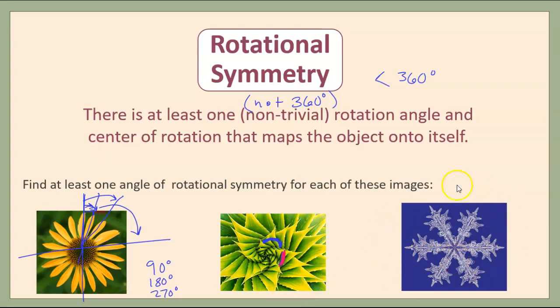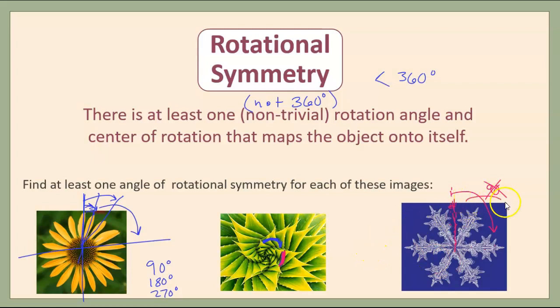Similarly, with this snowflake, what do you think? What would be a good angle to rotate it here? You might try 90 degrees. 90 degrees is one of our common ones. But if we rotate it 90 degrees, notice this absence of arm here would rotate onto this arm. So this space would now be an arm. 90 degrees doesn't work as a symmetry on this one.